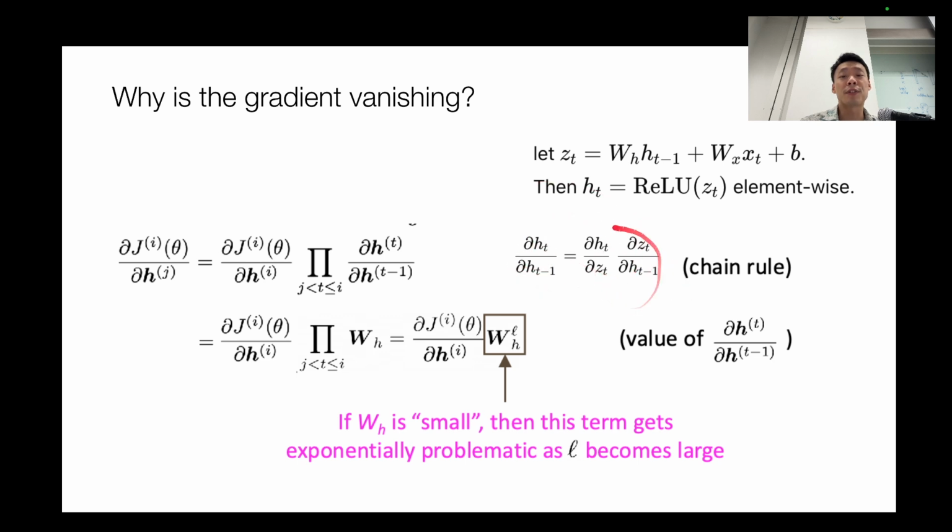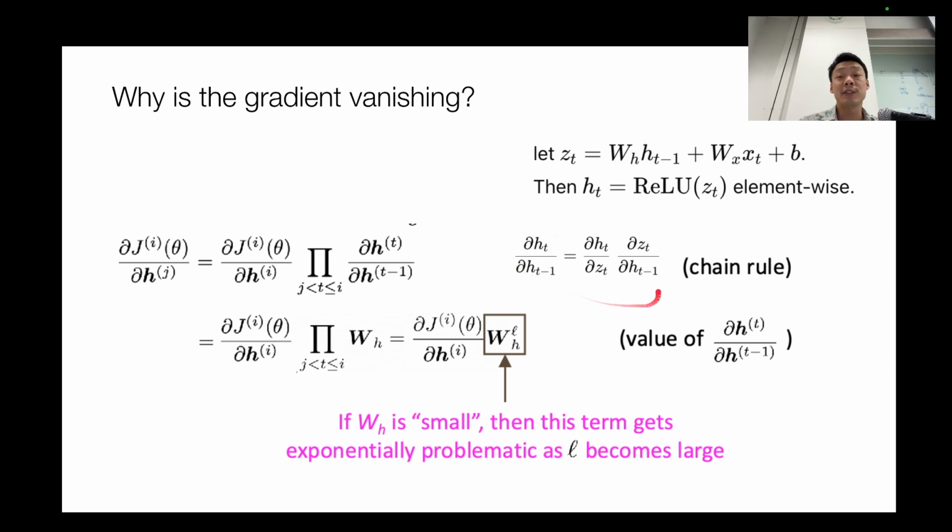For each time step, by the chain rule, the partial of h_t with respect to z_t we already know, which is either 0 or 1, because it's a ReLU. And the partial of z_t with respect to h_(t-1), this is the equation. So these two terms go away, they are constants, and what we end up with right here is just the weight, W_H.